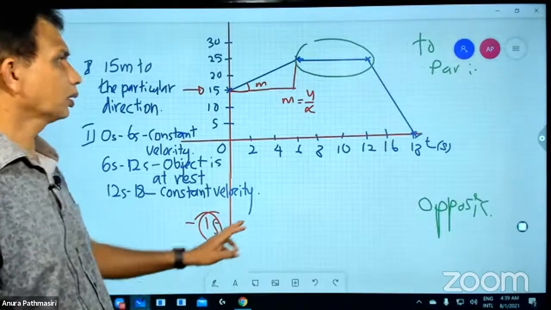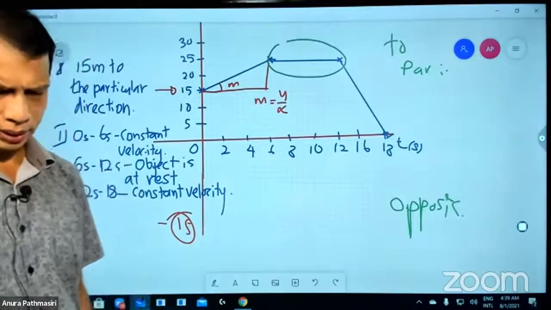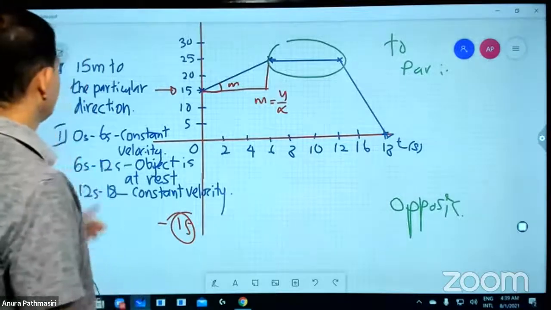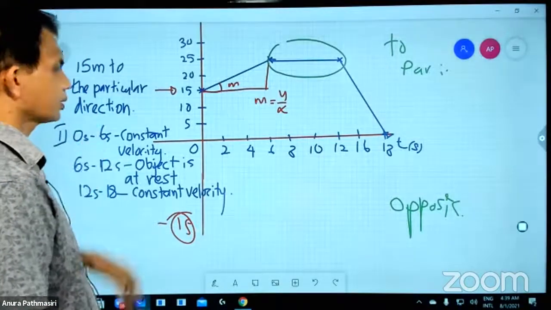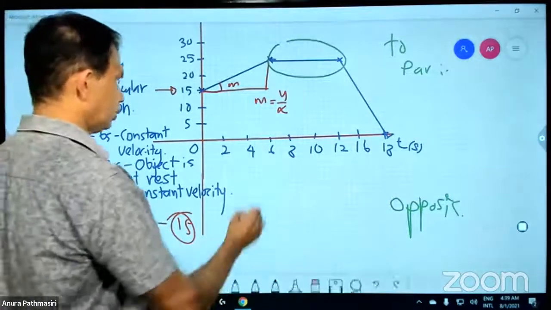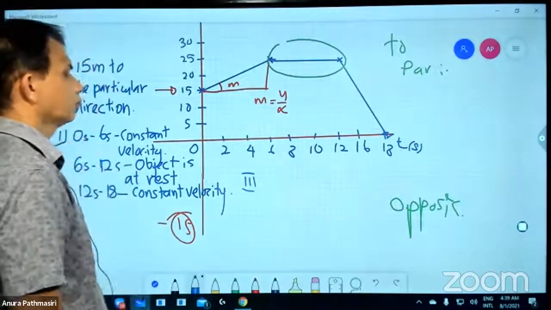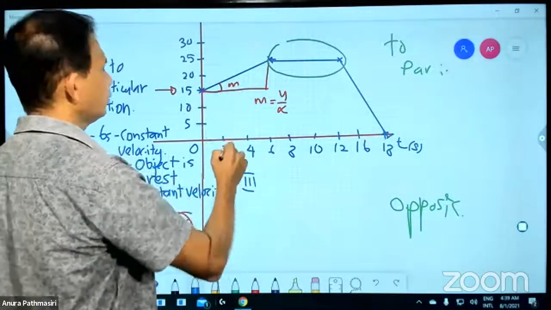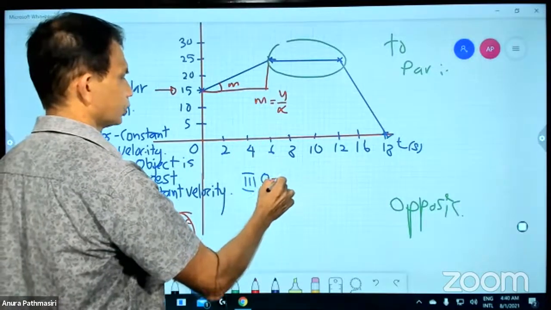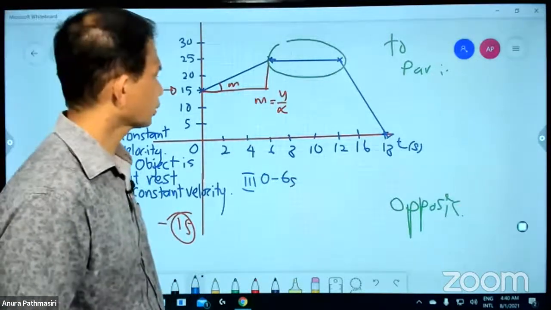Moving to the third question. What is the distance traveled within 0 second to 6 second?